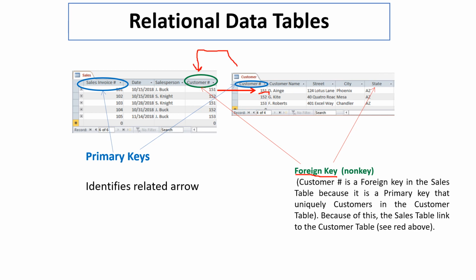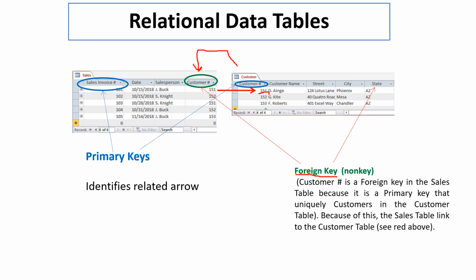So you see here the customer number is the foreign key in the sales table because it is the primary key that uniquely identifies customers in the customer table. Because of this, the sales table links to the customer table through the customer number. So that's the difference between the two.